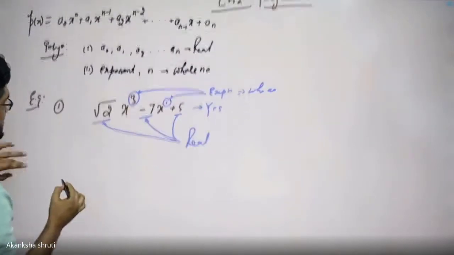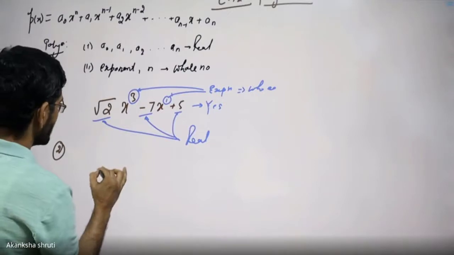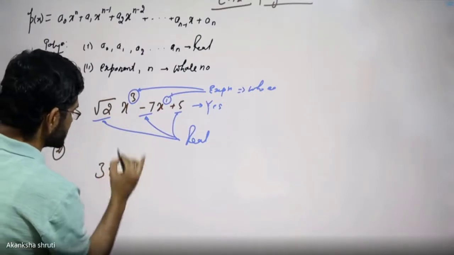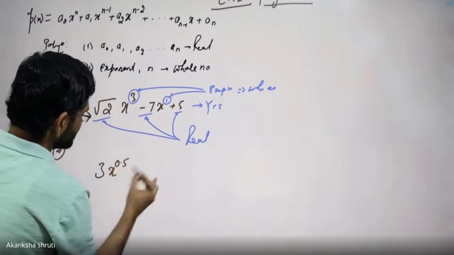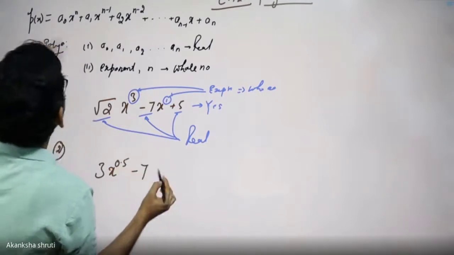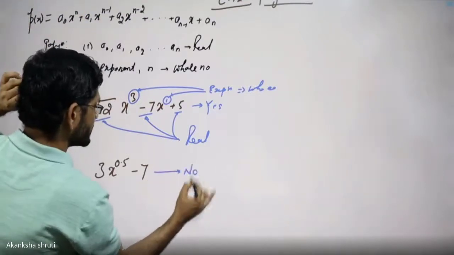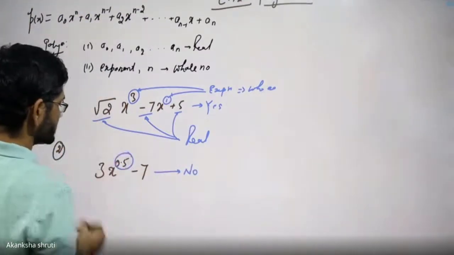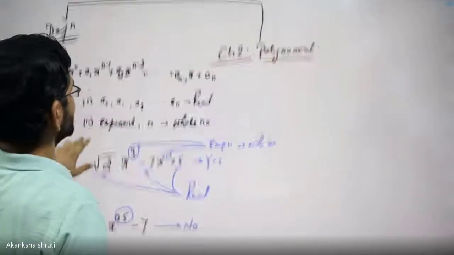Students, but if we consider the next example, say 3x to the power 0.5 minus 7, no, it is not a polynomial. Why? Because the exponent is a fraction or decimal. This is based on the definition.